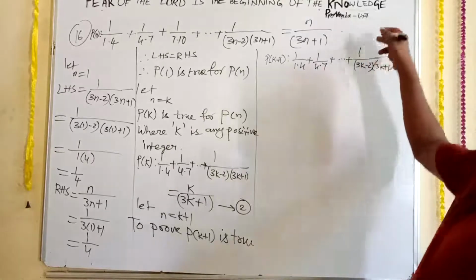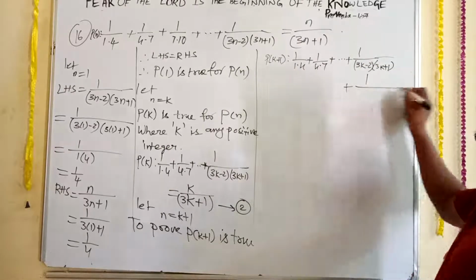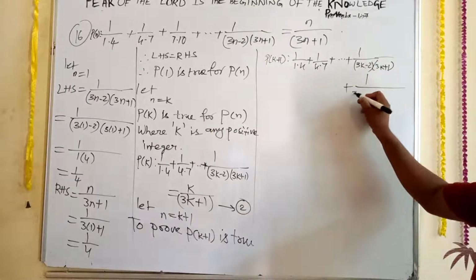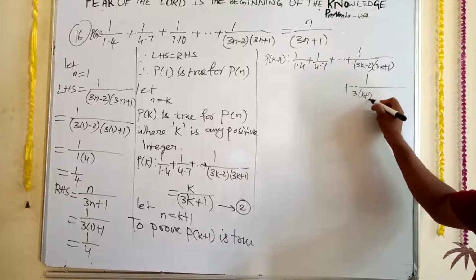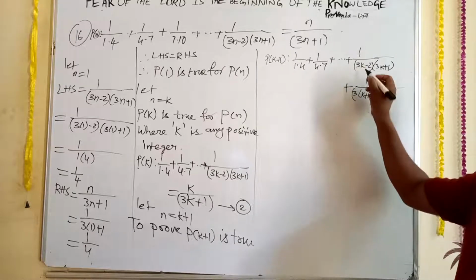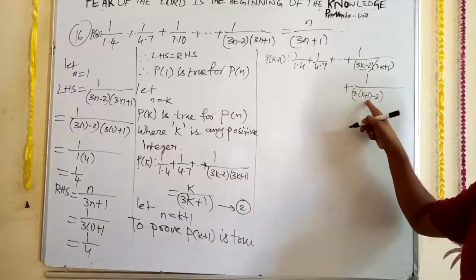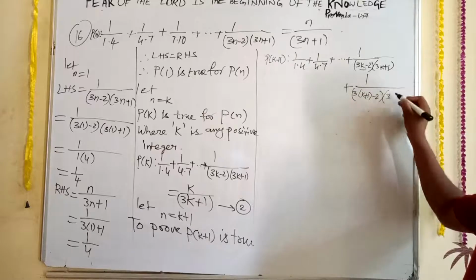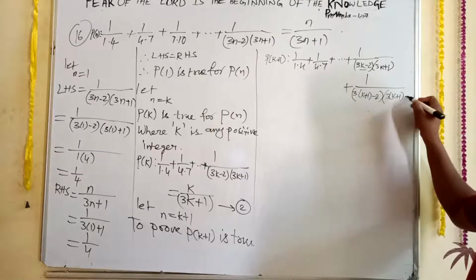One step extra I need to write: plus 1 upon, wherever k is there, substitute k plus 1. So 3 into (k plus 1) minus 2. When you are writing brackets, you should be careful. Only in the k place I substituted k plus 1, not some other place. Same method here also: 3 into (k plus 1) plus 1.